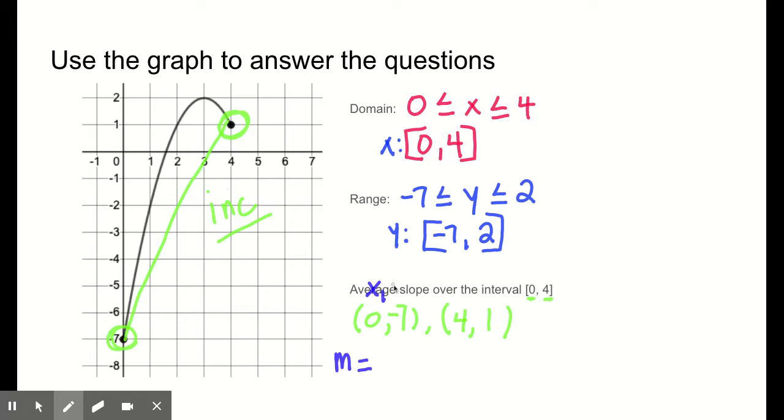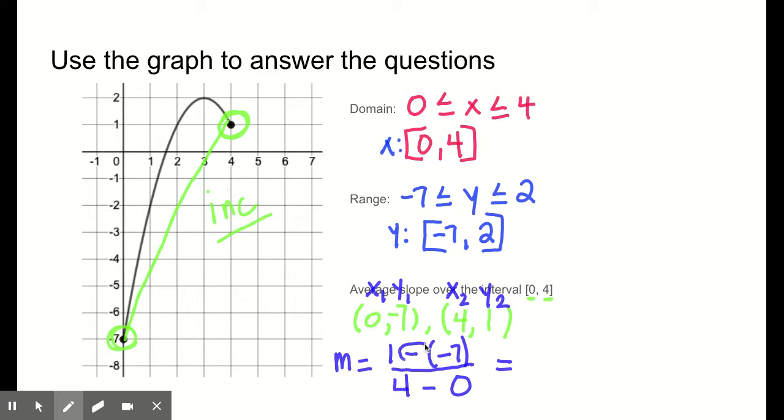This is x1, y1, and this is x2, y2. And I'm going to take those and I'm going to plug those values into slope formula. So y2 minus y1. And always make sure you use parentheses, especially around those negative numbers, to make sure that you don't lose your signs, over x2 minus x1.